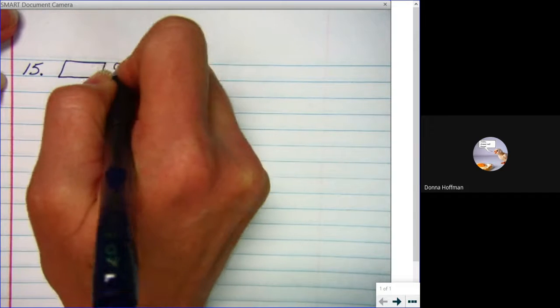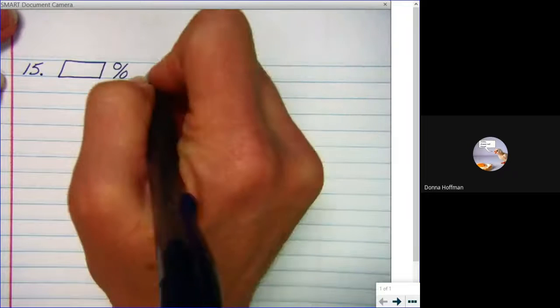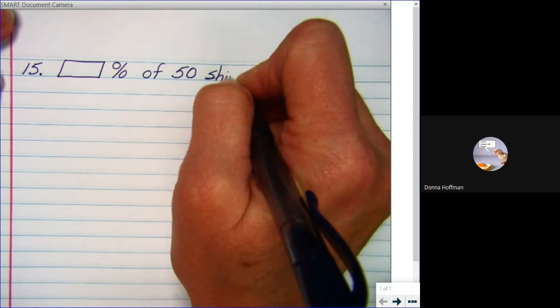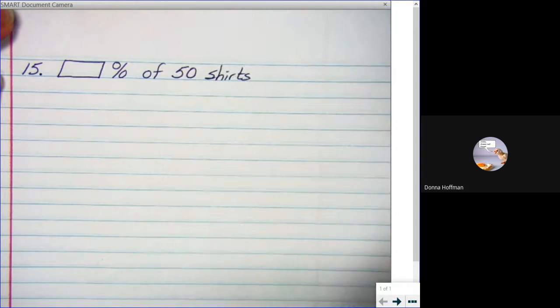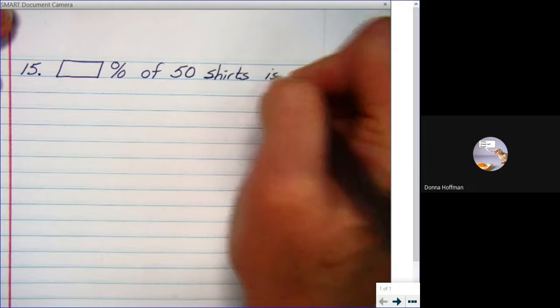Number 15 says, what percent of 50 shirts is 35 shirts?